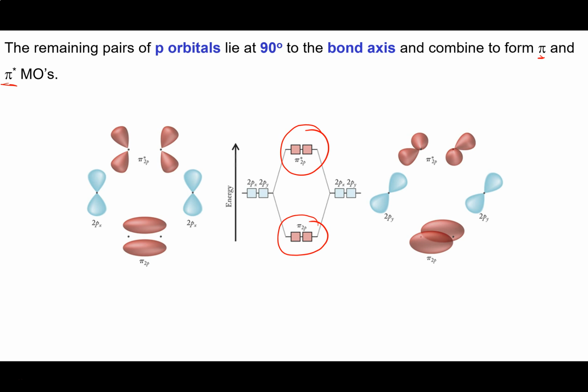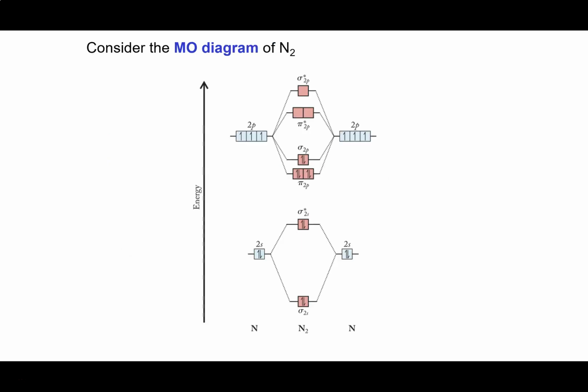So when the p subshells on 2 different atoms overlap, you end up forming a set of sigma bonding orbitals, a set of pi bonding orbitals, a set of sigma anti-bonding orbitals, and a set of pi anti-bonding orbitals. So it gets very complicated as we move into the p block.